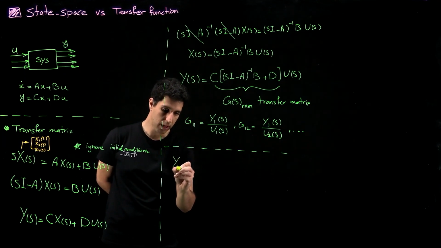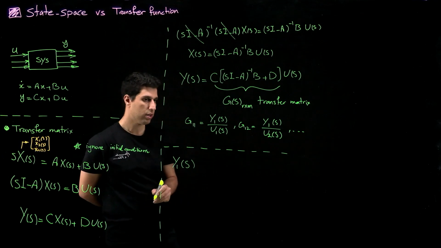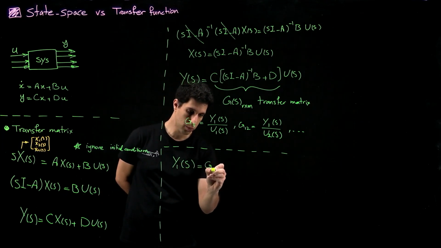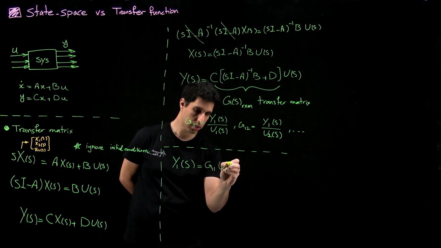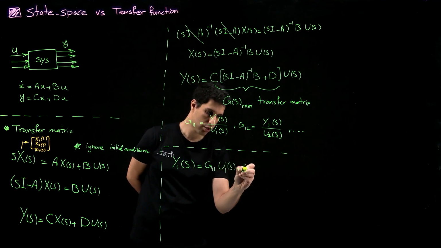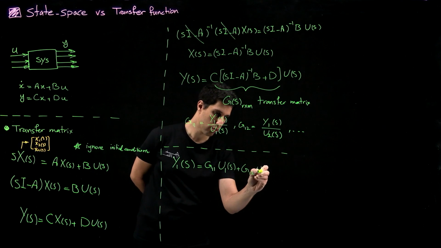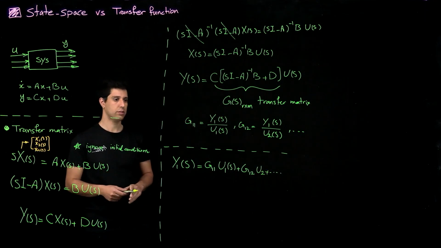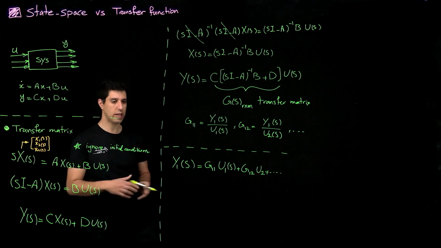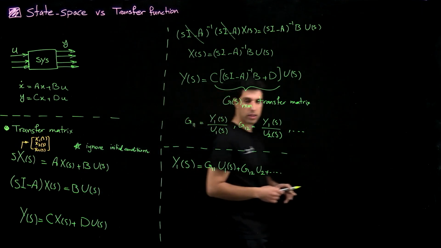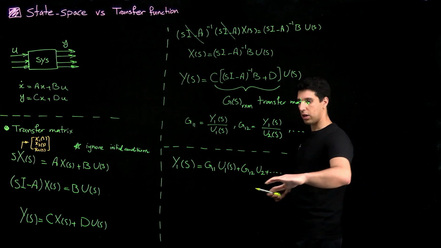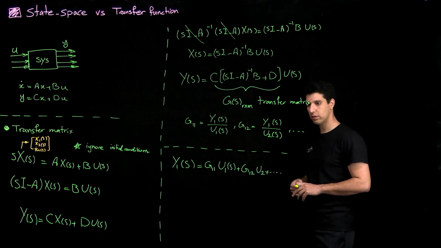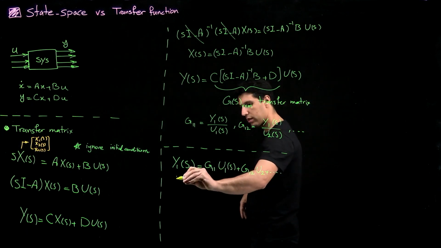So y1 is G11 u1 plus G12 u2 and so on. That's how you can get the combined effect of all inputs on the output, and same for the other y's.